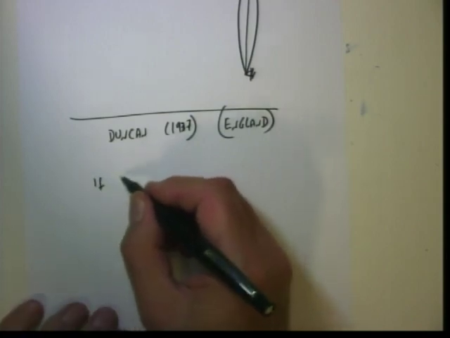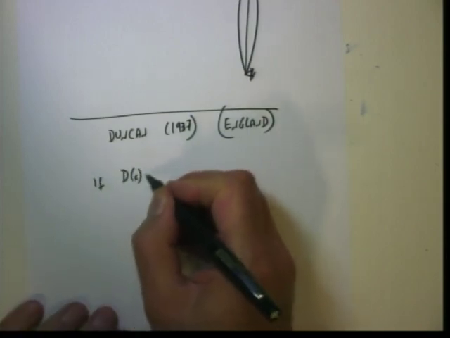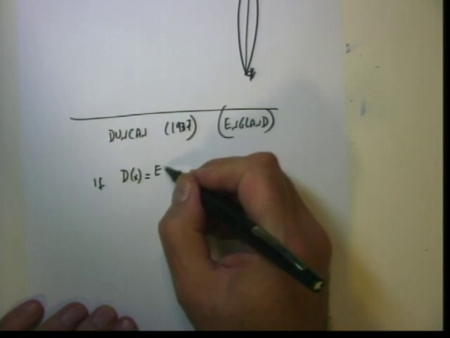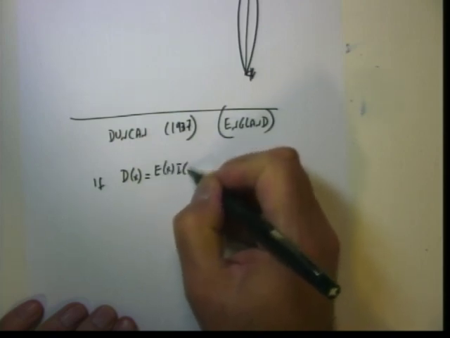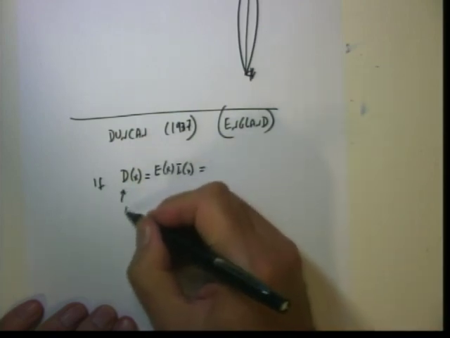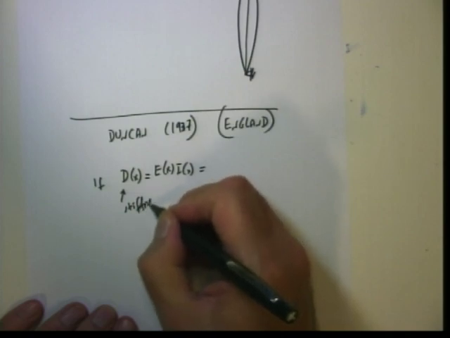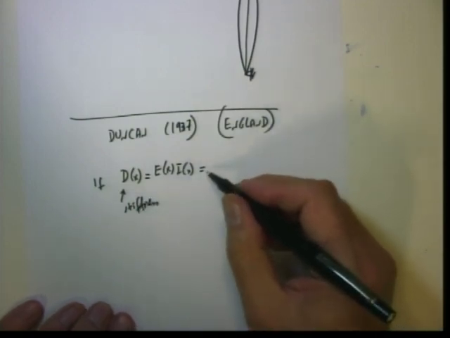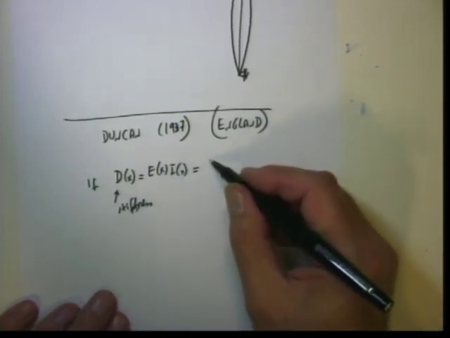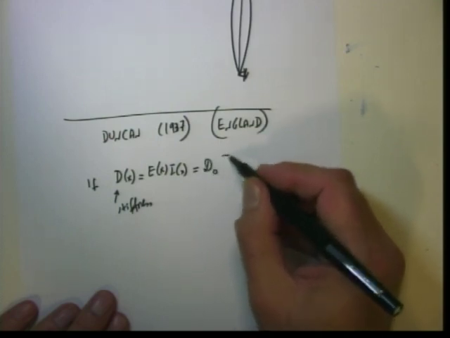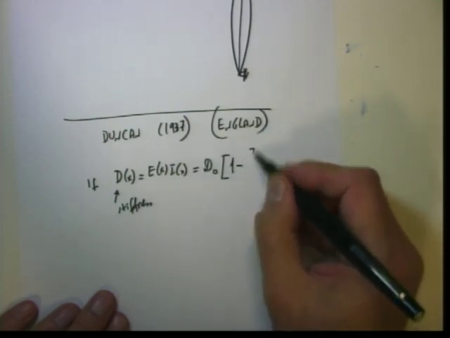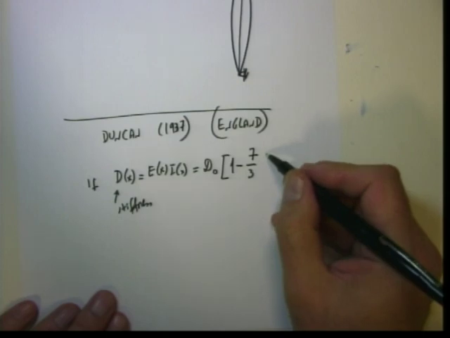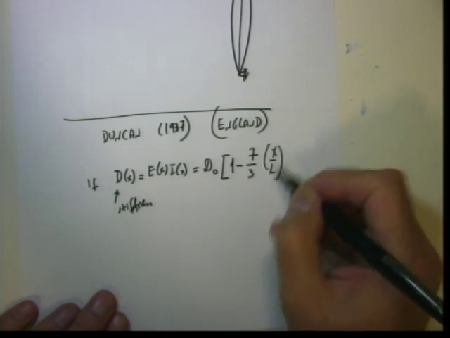If D of x, so this is Ex Ix, D is a stiffness, and equals d sub 0 times (1 minus 7/3 x over L) squared.